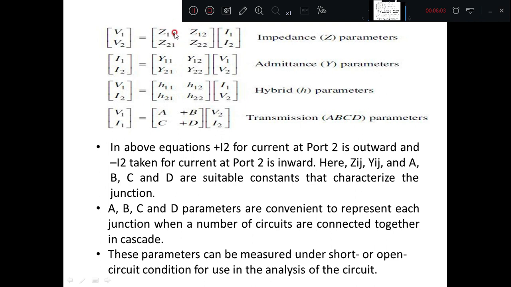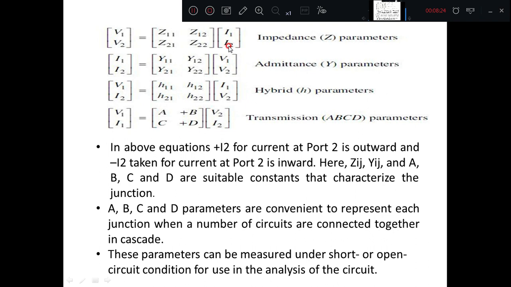Then how do we define the Z parameters in terms of voltage and current? P1 is equal to Z11 I1 plus Z12 I2, and P2 is equal to Z21 I1 plus Z22 I2.